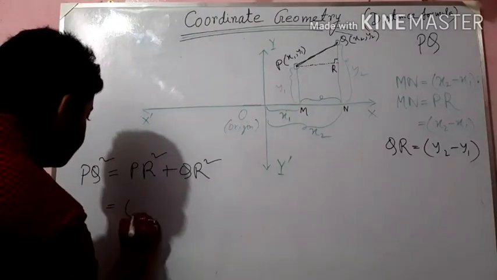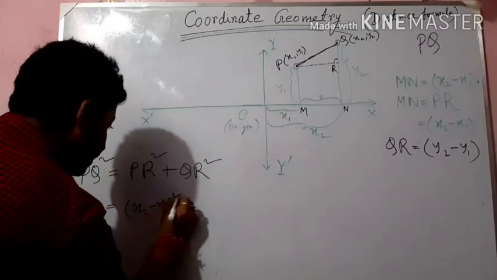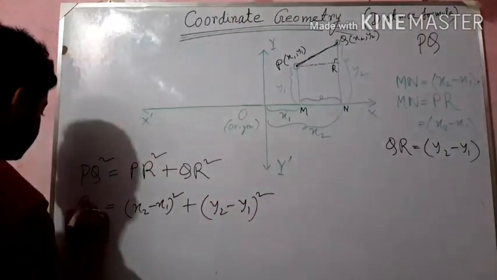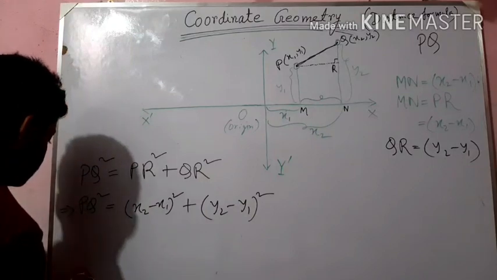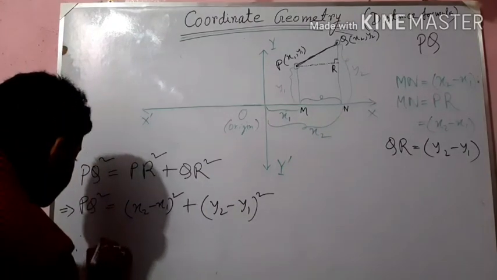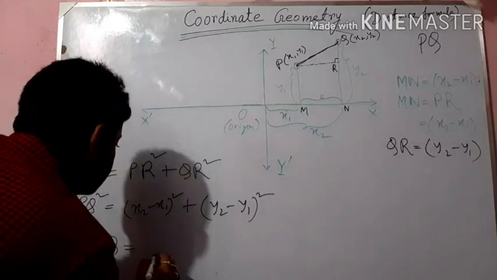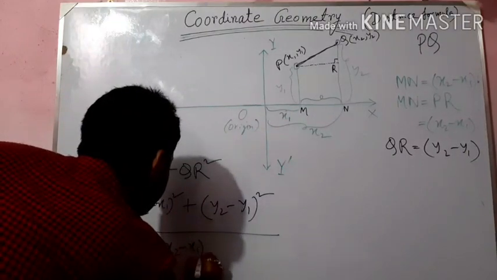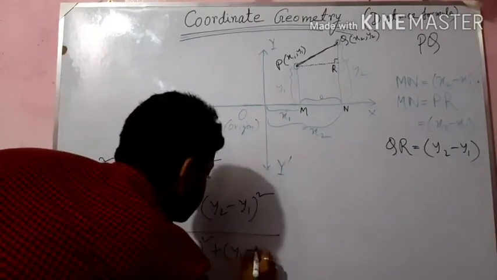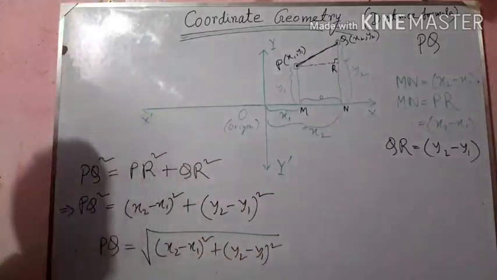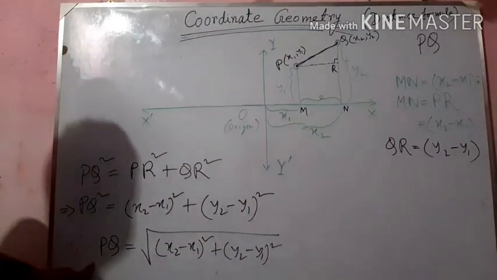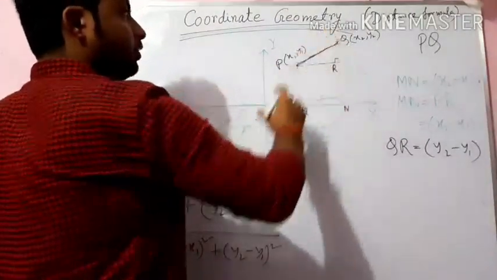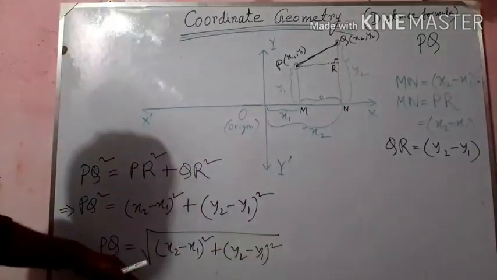So what is PR? That is x2 minus x1 whole square, and QR is y2 minus y1 whole square. So PQ will be equals to root over x2 minus x1 whole square plus y2 minus y1 whole square. This is the distance between the given 2 points P and Q, and this is known as the distance formula.